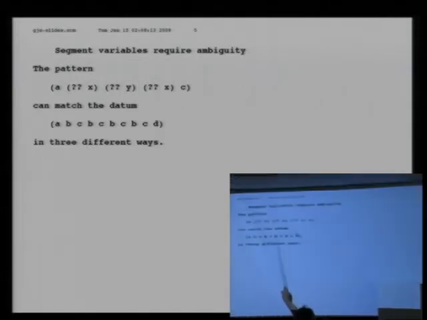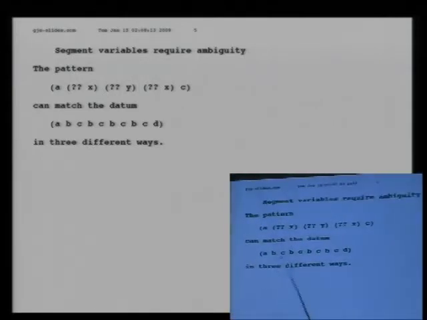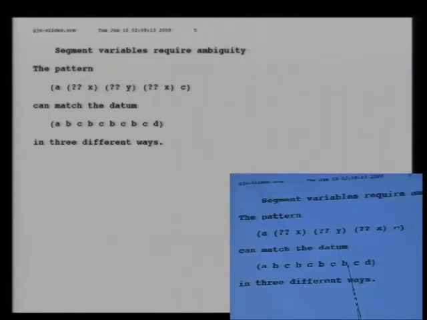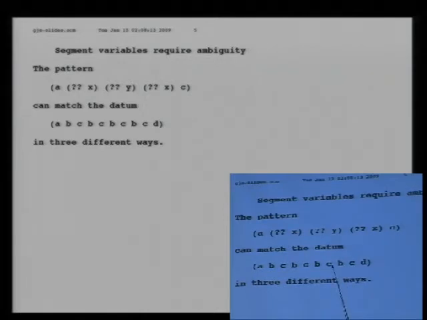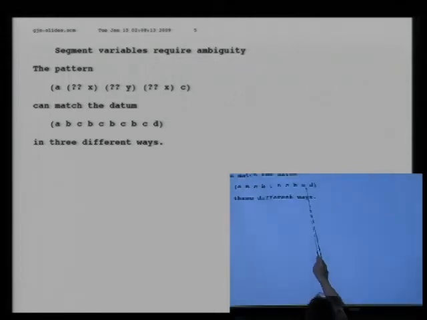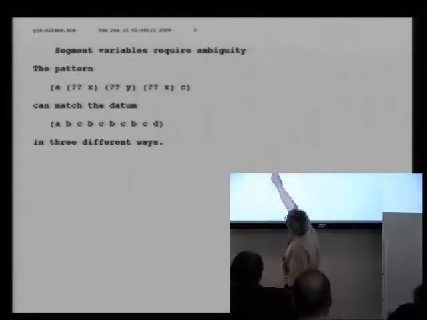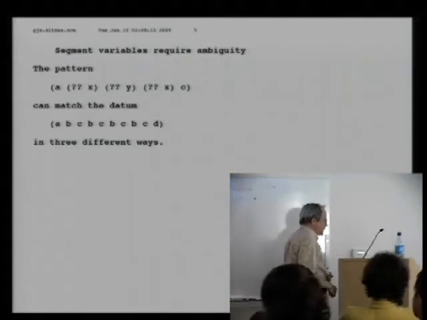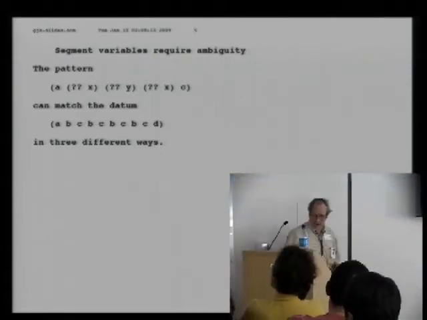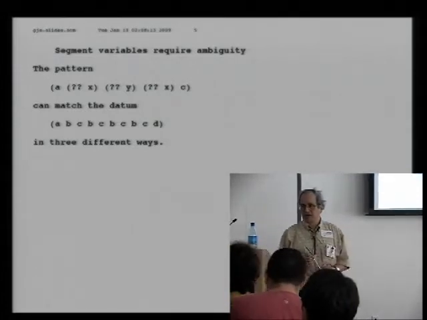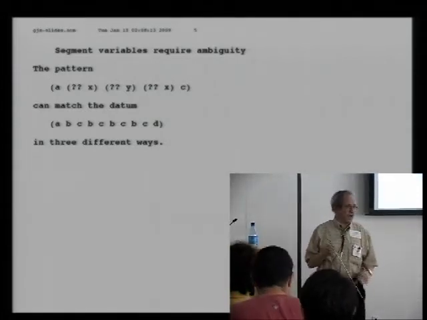Or X could be a BC, and there's a BC over here, and then the BCBC, this one in the middle, would be the Y. And the other possibility is a BCBC and another BCBC could go into the X, and the Y would be empty. So there are 3 possibilities. Okay? So once you have ambiguity, of course, then you have the problem that there's going to be backtracking in such a system, meaning that you have search built in, and we have to account for that as well.